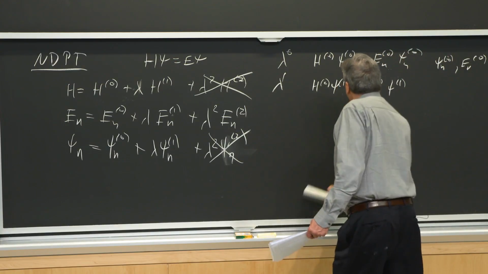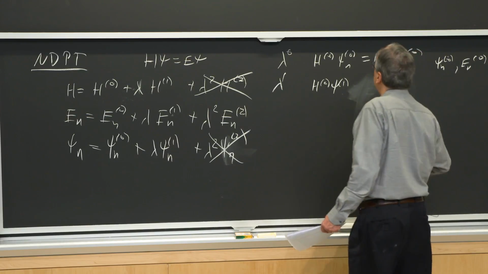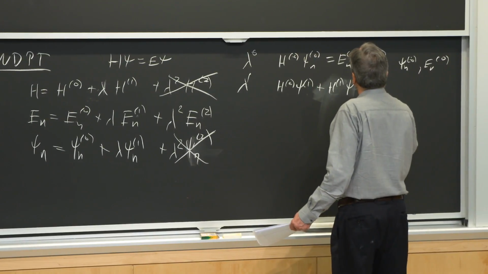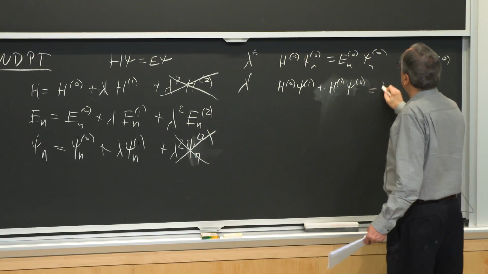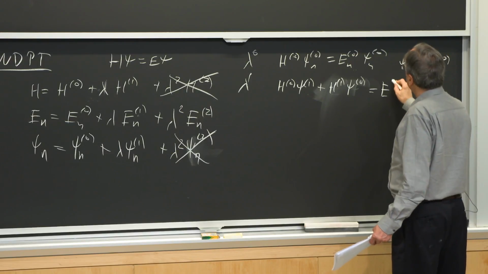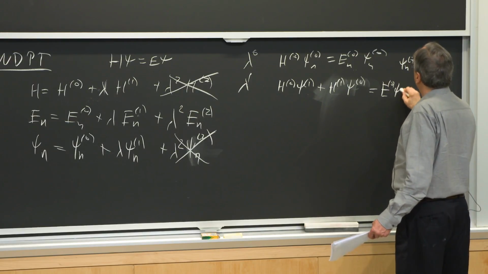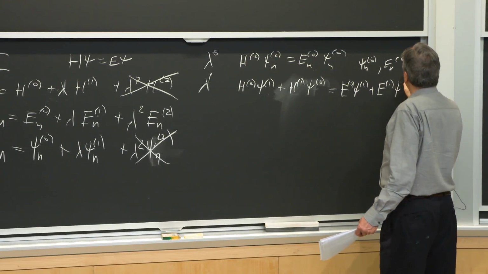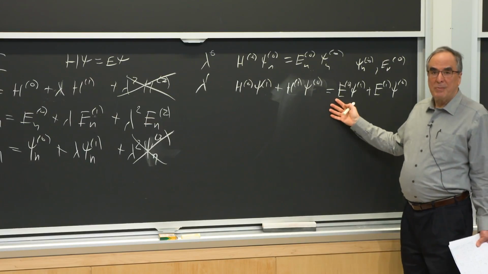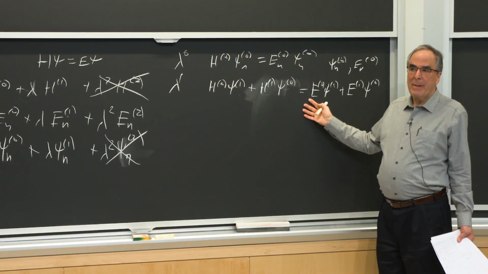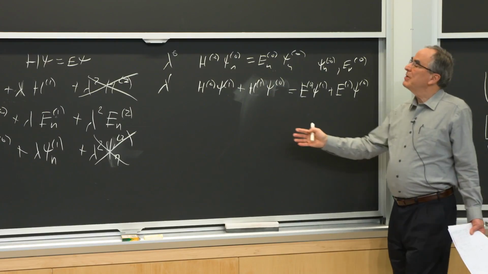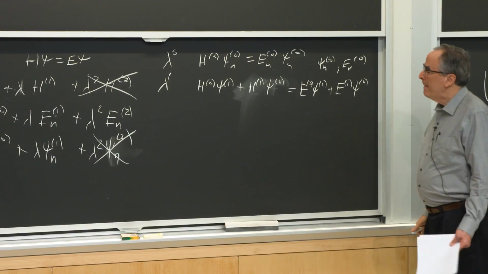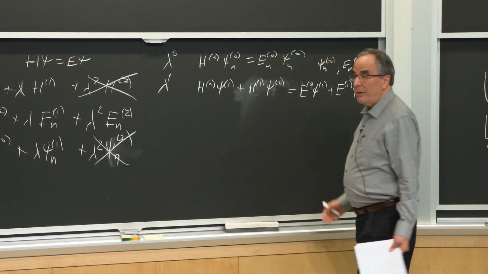I'm sorry, there's more to it than that. Okay, there's 4 terms. We're just collecting the terms that have 1 lambda on the left-hand side and 1 on the right-hand side. And, okay, we've got this equation.